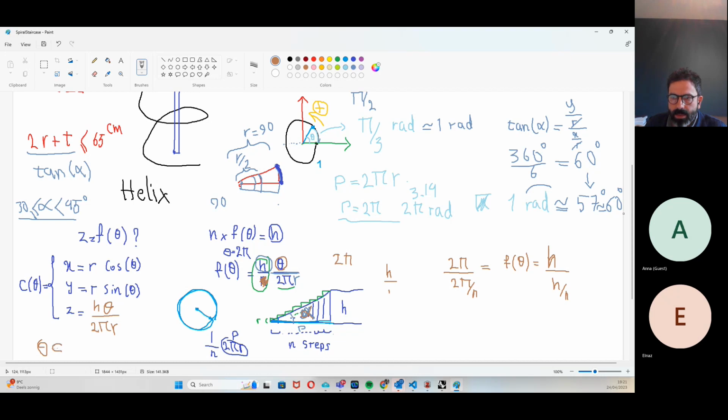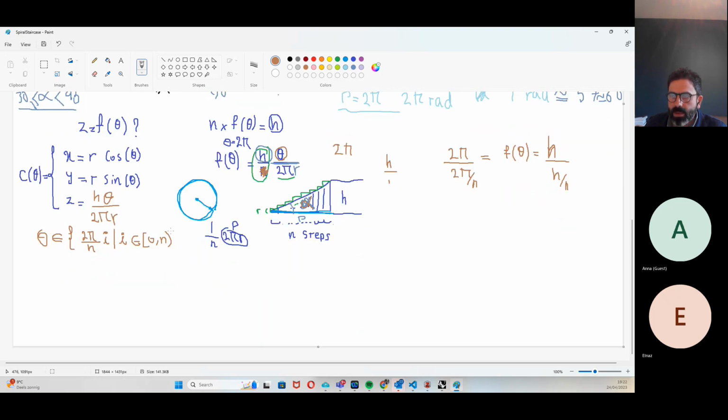Theta as member of this range: 2 times pi divided by n, multiplied by I, such that I ranges between 0 and n, but not including n, so until n minus 1.